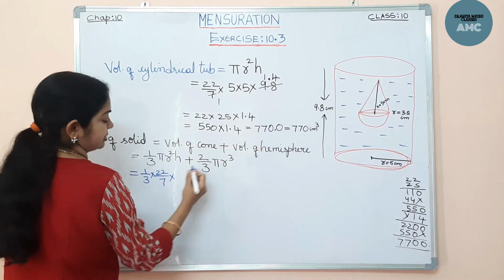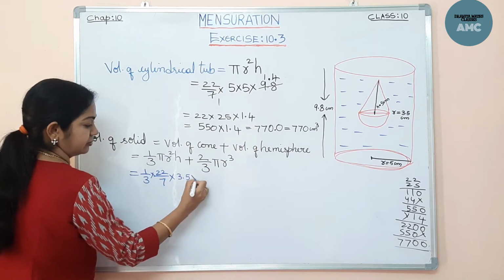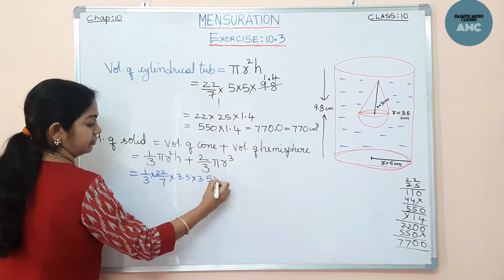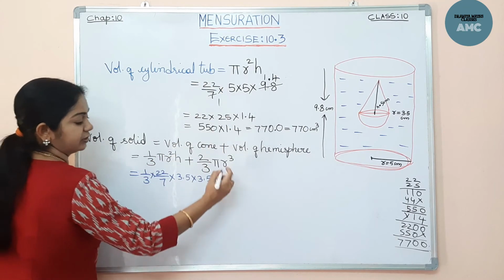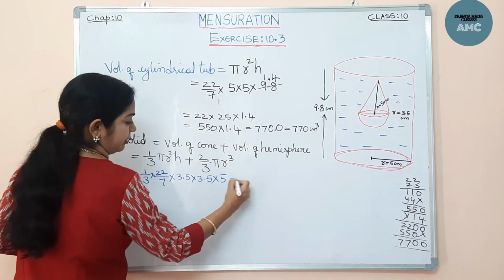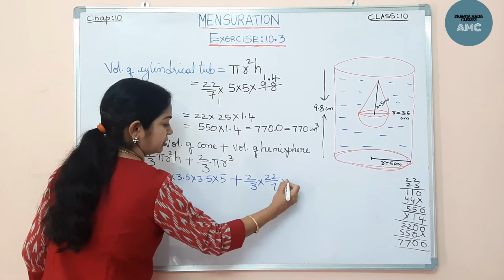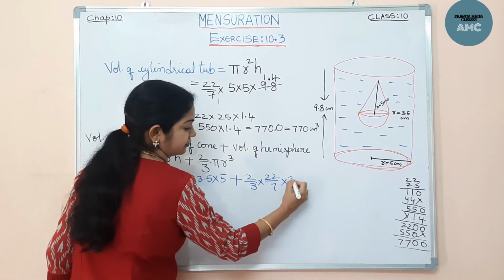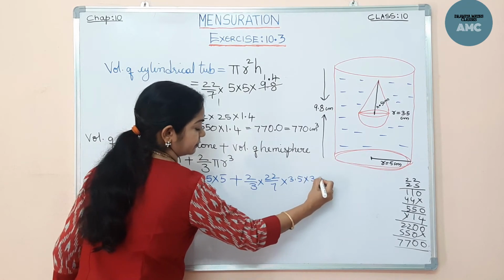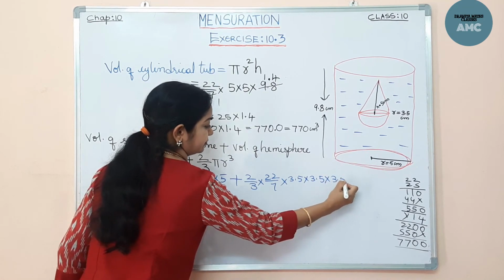The r value is 3.5 into 3.5 into h, the height of the cone, 5 centimeters, plus 2/3 into 22/7 into the r value, 3.5, cubed, so 3 times.